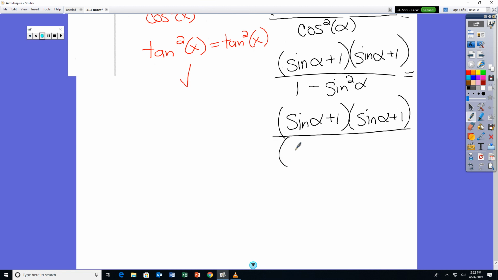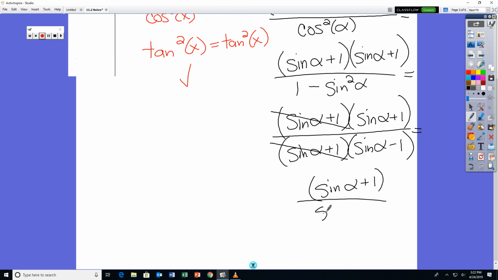In my denominator, sine of alpha plus 1 and sine of alpha minus 1, difference of squares, so one is positive, one's negative. Well, now I have sine of alpha plus 1 in both the numerator and the denominator. That can cancel it out. I'm left with just sine of alpha plus 1 over sine of alpha minus 1. Now our left side has matched our right side, which makes it a verified expression.